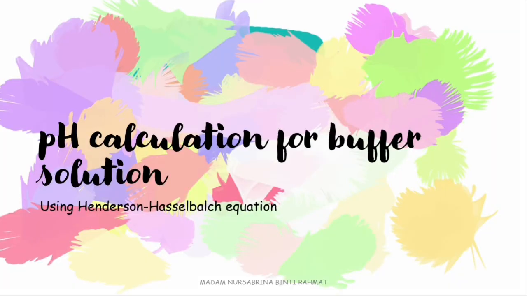So we are done with the 2 examples of basic buffer and 2 examples of acidic buffer. I already explained how the buffer system works together to maintain its pH, and how the buffer components neutralize the addition of acid and the addition of strong base.